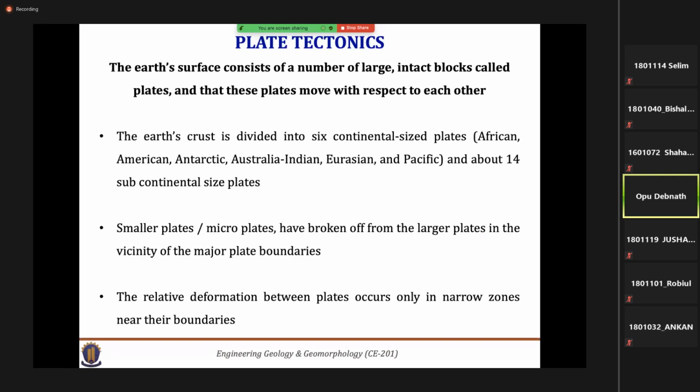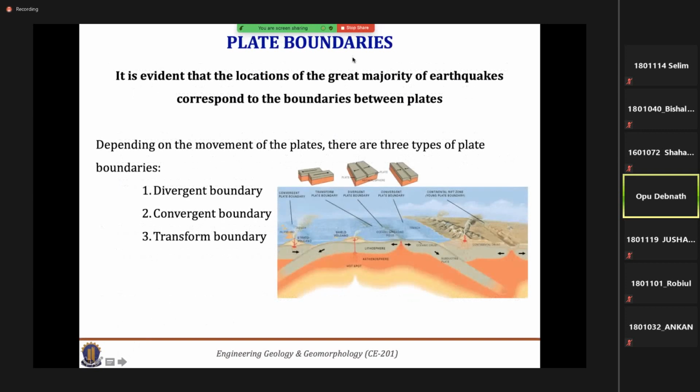Relative deformation is another topic. As one plate is moving compared to another one, there may be relative deformation. This occurs in the narrow zone near the boundaries, so the deformation is only visible near the plate boundaries. Later we will show some other illustrations like this.